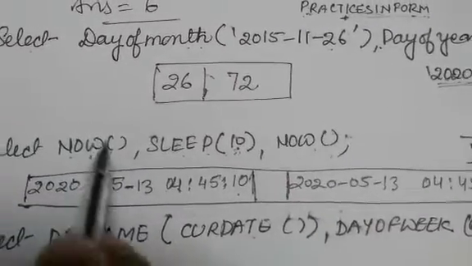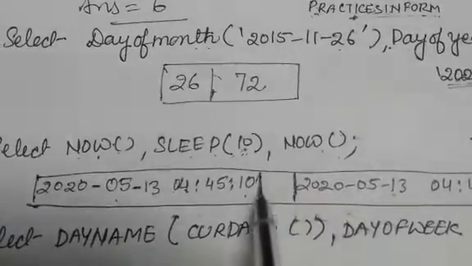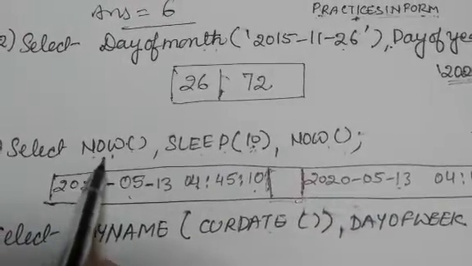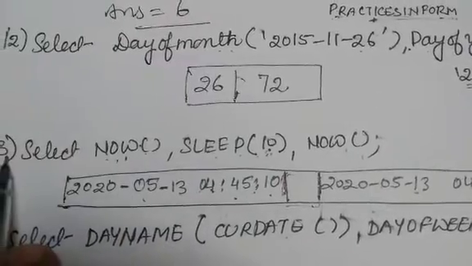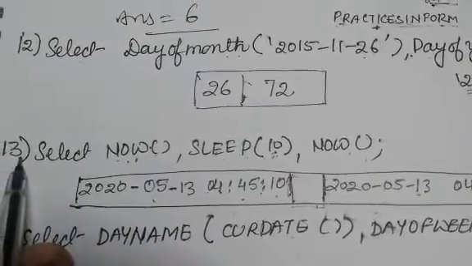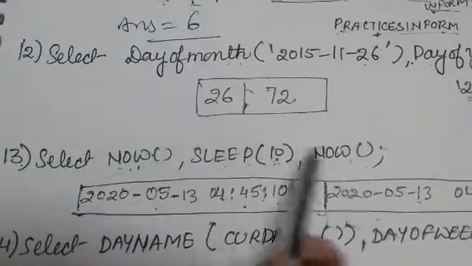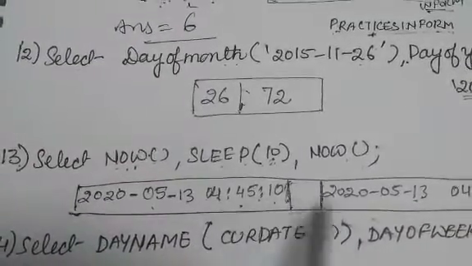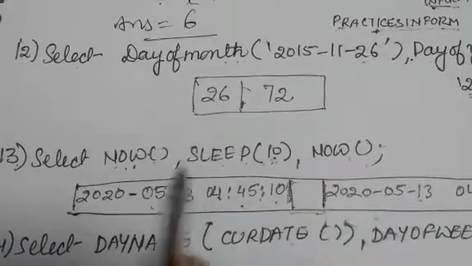Output in two parts, first now and the second now. This is for the sleep. Nothing will be displayed. Now displays date and time when the query begins to execute. So up till the end of the query, the time and date, everything remains same. So you will get exactly the same output for both the now functions.